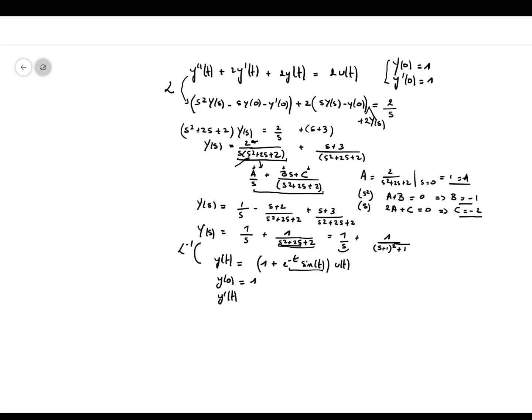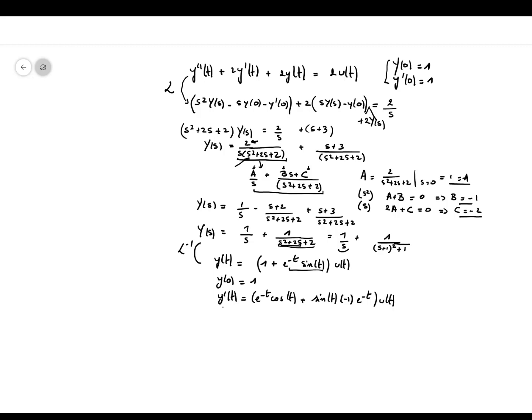This will not contribute, first term, so we'll have e to the minus t times the derivative of the sine, that's a cosine, plus the sine times the derivative of e to the minus t, so this will be minus 1 times e to the minus t, and the whole thing times u of t.